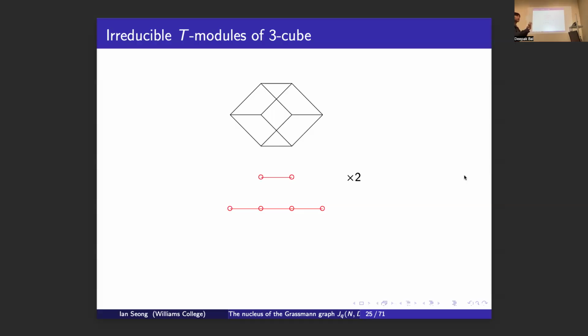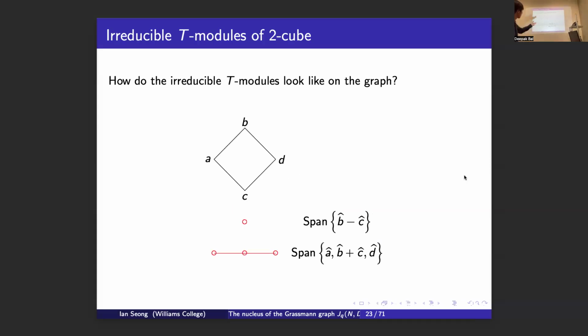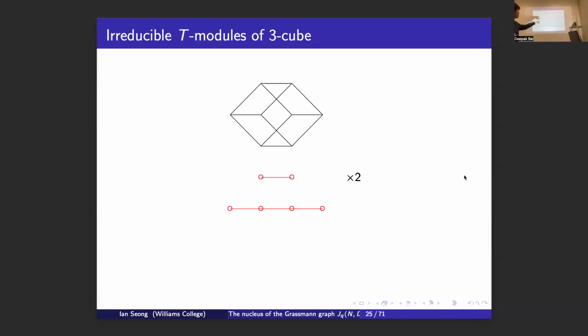Sorry, they are vector space isomorphic, but they're 2 different irreducible T modules. And they will be located bang in the middle, on the vertices that are second to the left and second to the right. Okay, now one thing we notice about these irreducible modules is that they're bang in the middle. They seem rather symmetric, whatever that means.